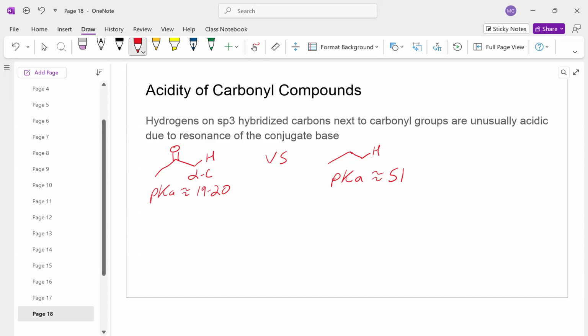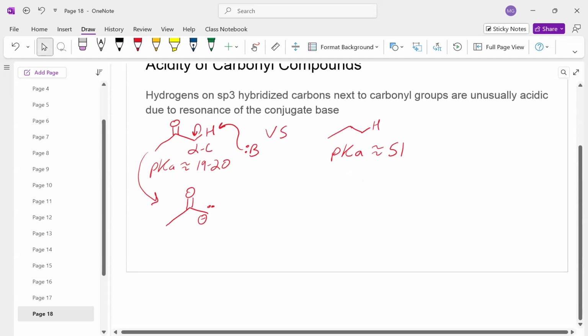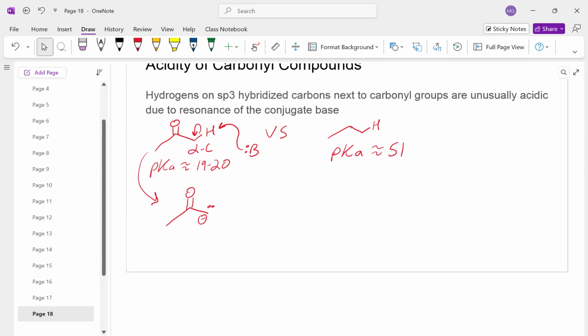So let's imagine a base deprotonating that hydrogen. I want you to take a look at this anion and think about why the acidity now increases. Why does that pKa go down? It must have to do with that carbonyl.